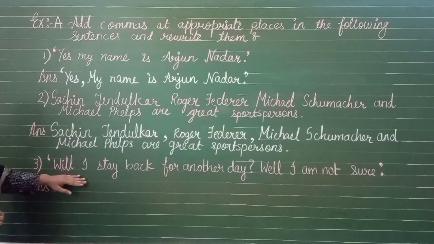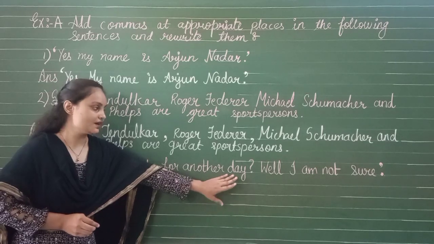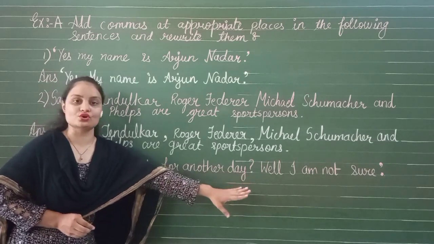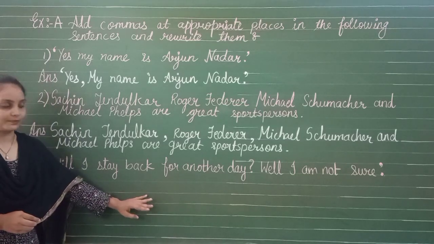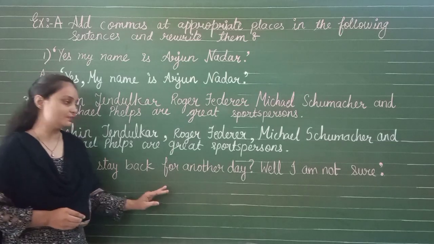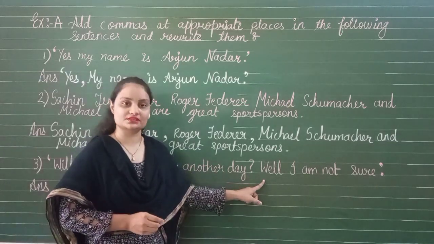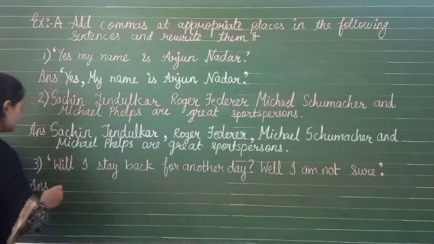Third is, "Will I stay there for another day?" Question mark. "Well, I am not sure." This full sentence is enclosed in the quotation mark. Now, as it is we have to write, here there is no change, but this is an introductory word. So after that we will add comma. Let's write.